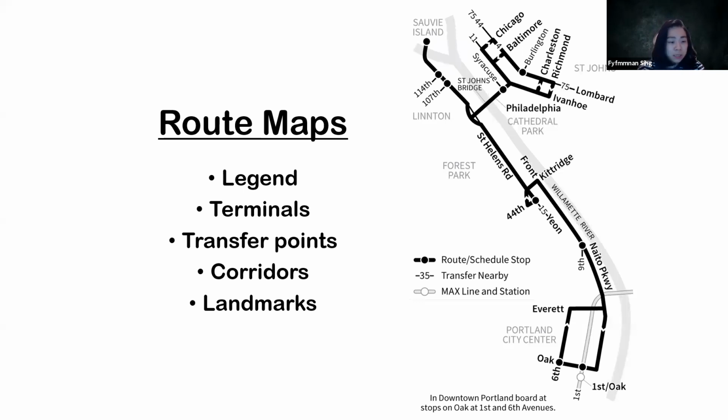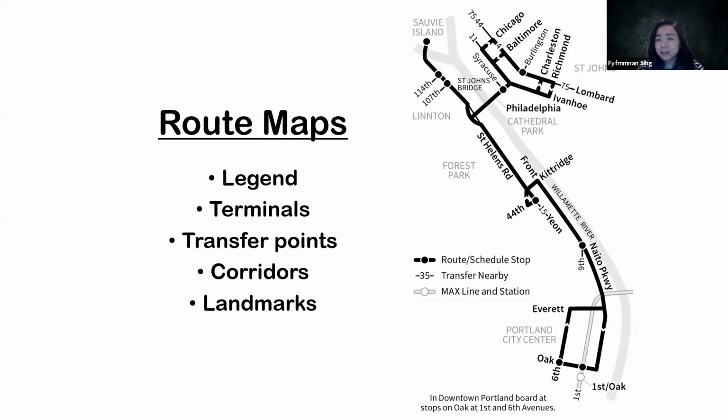And with loop routes, that's what we see in the bottom half of this image, right? So we see this rectangular formation, which looks like a loop. And that's where the transit vehicle turns around instead of having a set final stop.